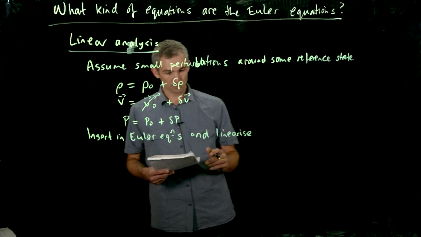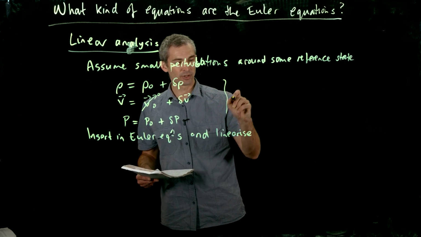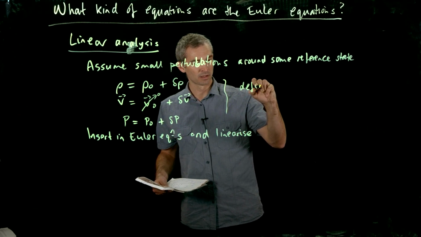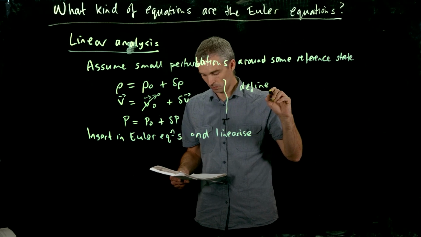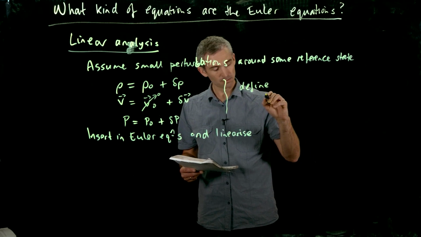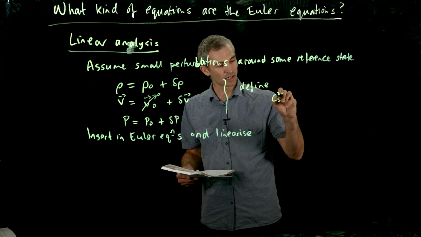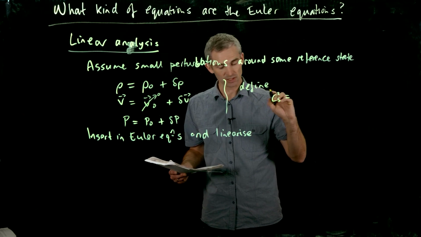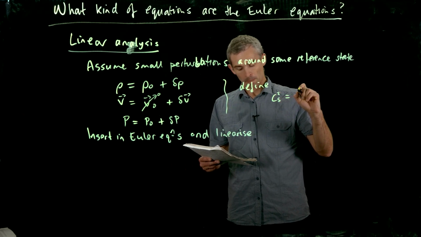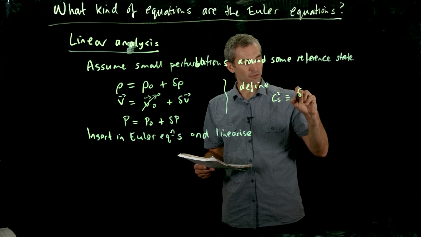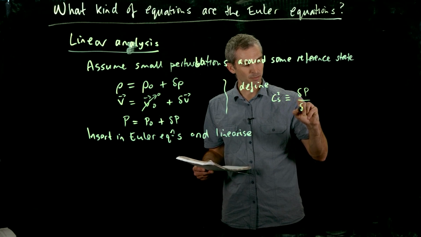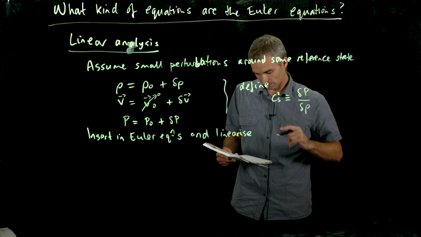So let's do this, and we're also going to define one more relationship, which you're going to see why it becomes important later. For the moment, I'm just going to define a constant, actually it doesn't have to be a constant, as the ratio of the pressure perturbation to the density perturbation.